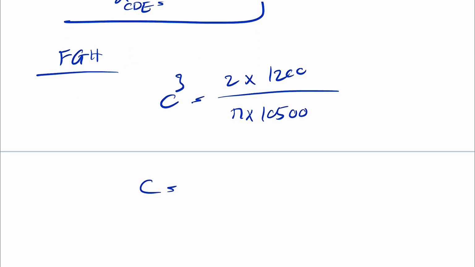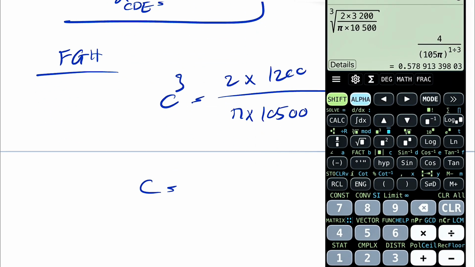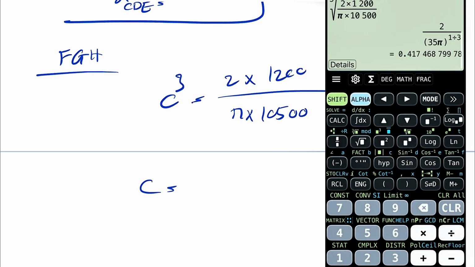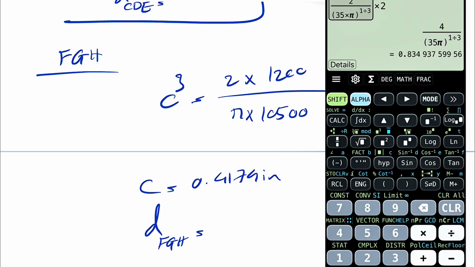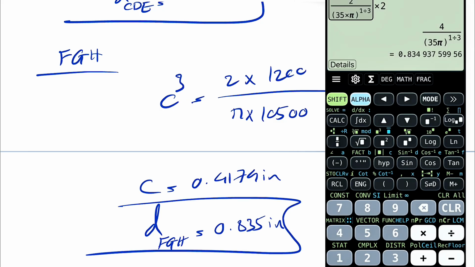So let's see what we get for this radius. c would be 0.4174 inches, and if we just multiply this by 2, that's going to give us the diameter for FGH, 0.835 inches. And yeah, that's the final answer for this question.